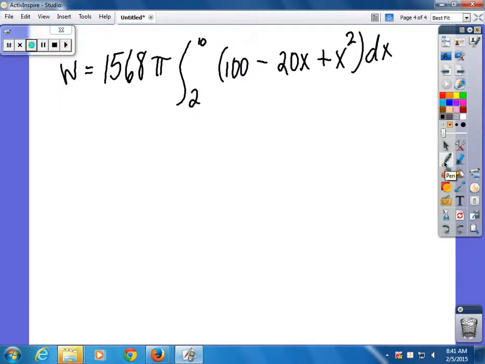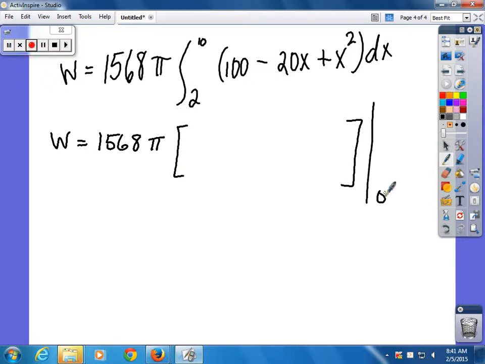That's going to give us W is equal to 1568 pi. And what I would do, and I would just draw a bracket right here, 2 to 10. And that's going to give me 100x minus 20x squared over 2 plus x to the third over what? 3.